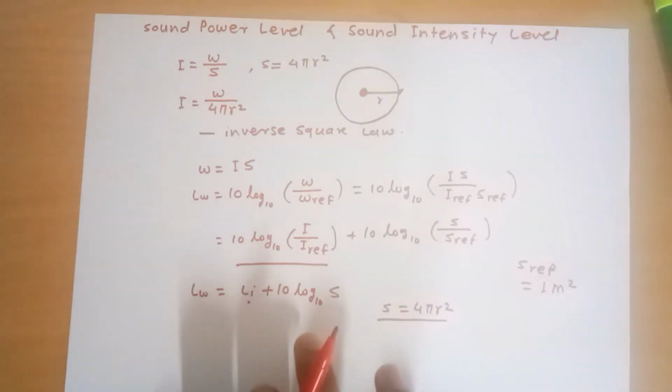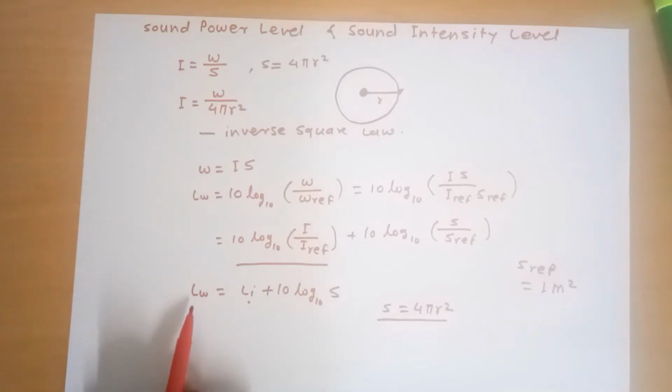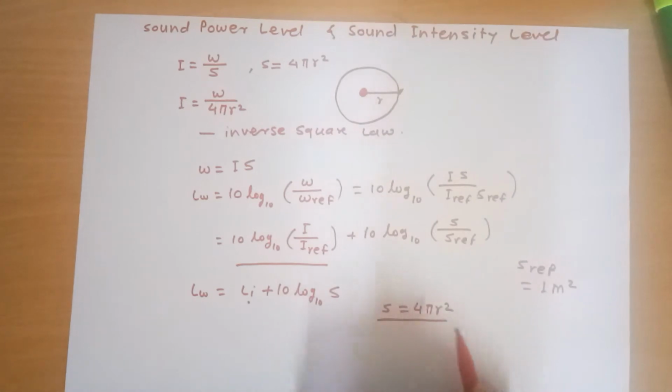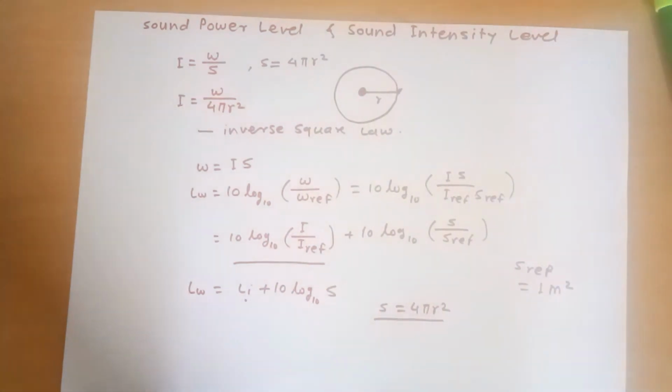So from this equation we can get LW if we have Li, that is sound intensity level, and the distance from the source of sound.